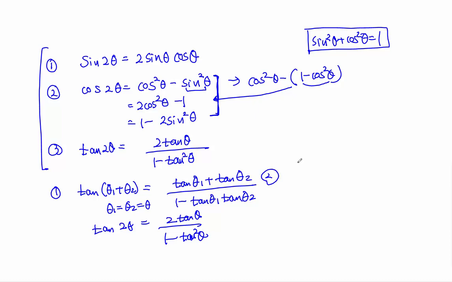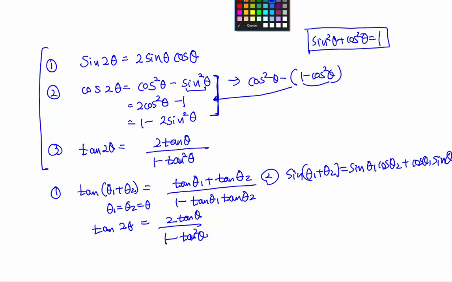Also, we have different angles. This is a double angle, but different angles means sine of theta 1 plus theta 2. Do you remember this one too? Sine theta 1 times cosine theta 2 plus cosine theta 1 times sine theta 2. You need to memorize it, okay? If this is a minus, this is also minus.